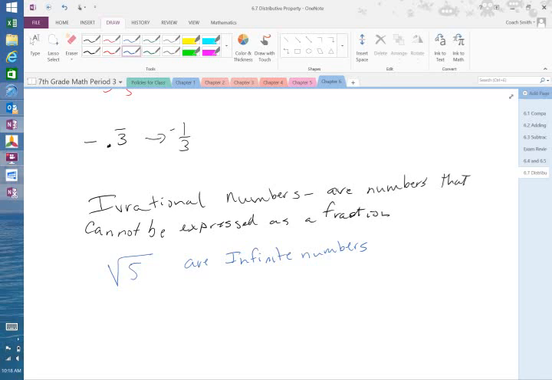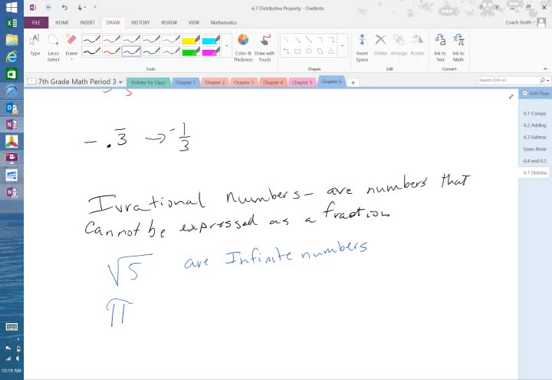A good example of an infinite number that you use all the time is pi. Our approximation of pi is 3.14. The actual pi, and it's on the front of your book, says 3.14, and it just continues on.